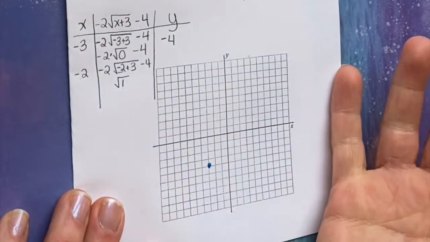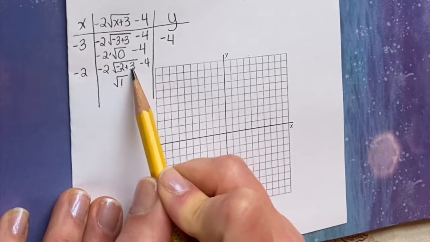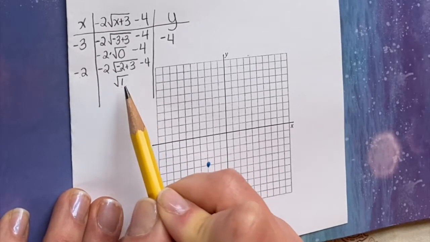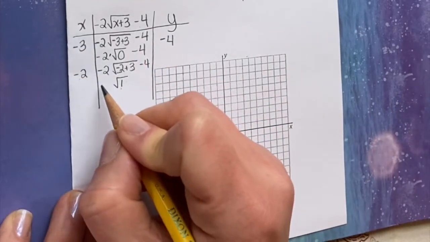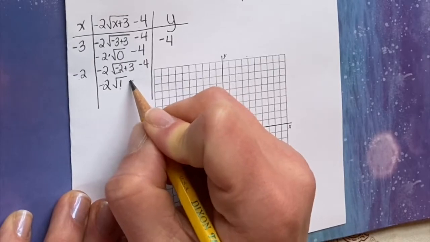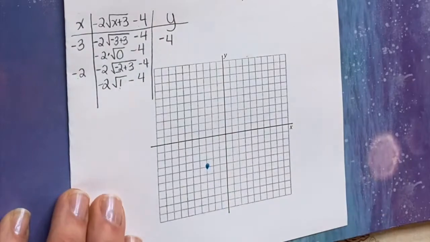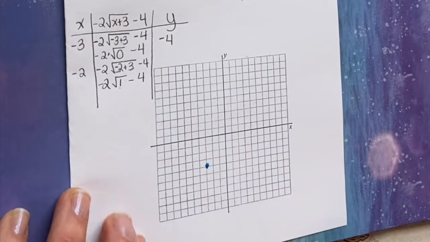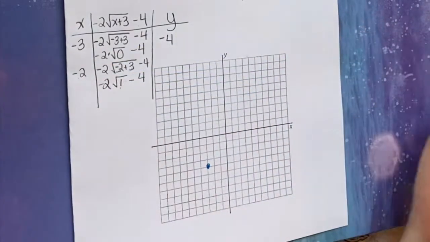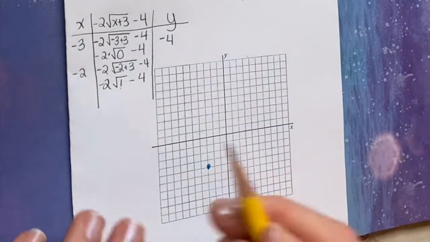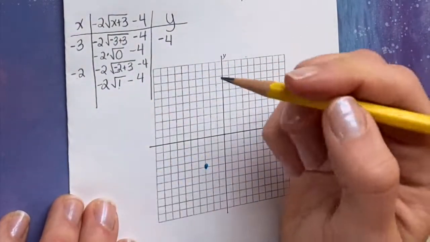Then we want our next perfect square, which is 1, so you have to think about what number, when you add 3 to it, will give you 1, because you need to be able to take the square root of this. I'm just going to bring down the rest of the equation. This is probably one of the harder concepts about this topic, figuring out what numbers you're plugging in for x. I'll go through that again when we plug in our next number.